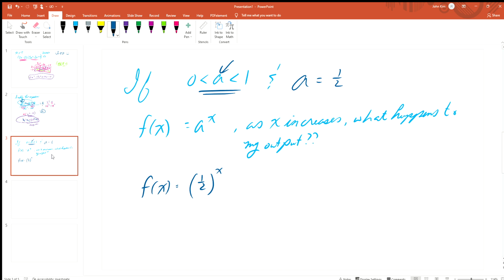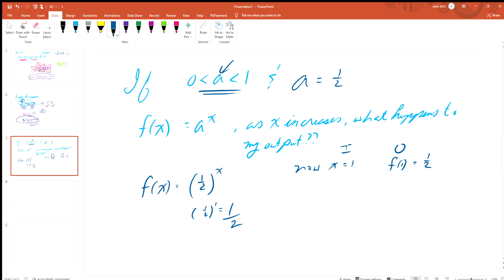Now, as x increases, what happens to my output? Let's say x was 1. What's 1/2 to the first power? That's going to be 1, right? Excuse me, my bad. 1/2, right? My input was 1. My output was, let's write this again, f of 1 is going to be 1/2.